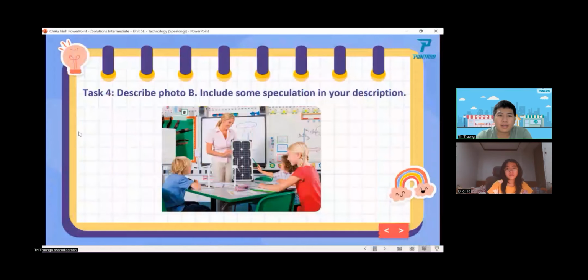Okay, the next one. So right now you need to look at the photo B. Describing photo B, including some speculation in your description. Em hãy sử dụng những cấu trúc để dự đoán về ví dụ như là họ đang dạy về cái gì nè. What are they teaching about? Where are they now? And you have 1 minute to prepare. Okay? Yeah. Okay.